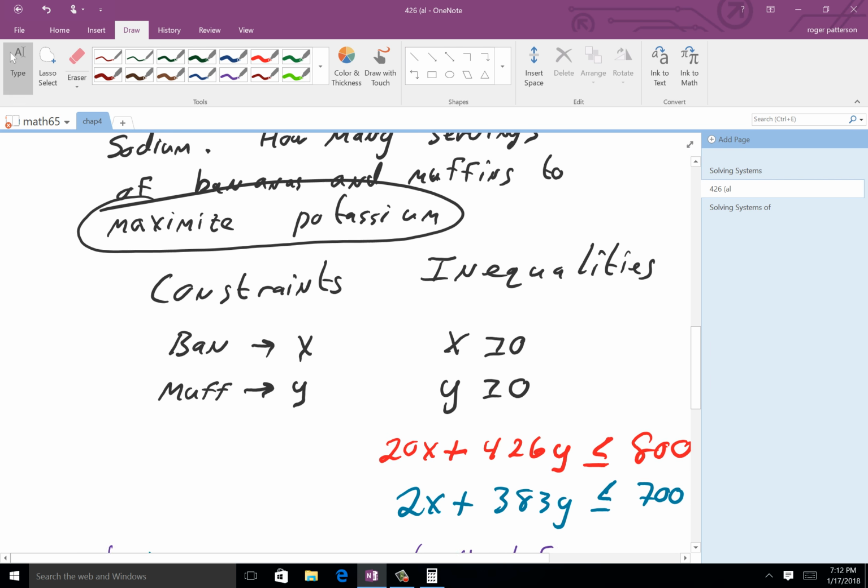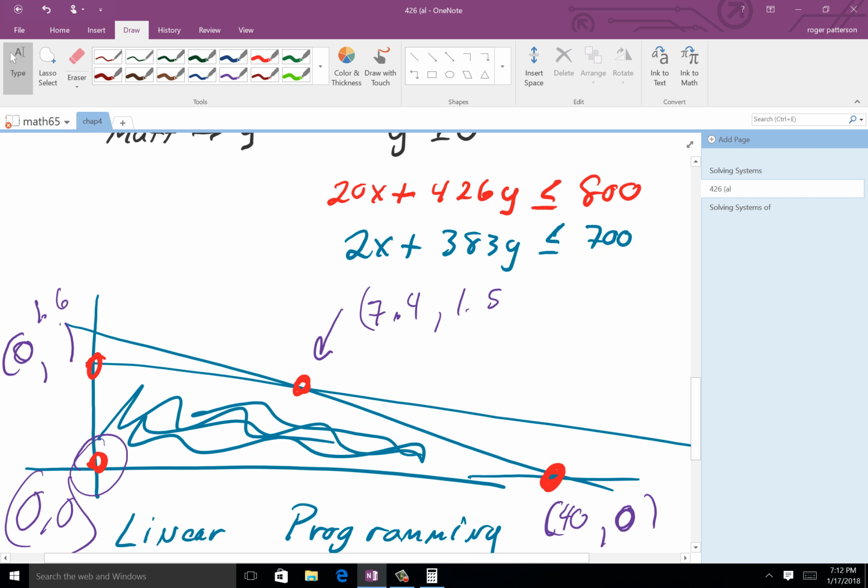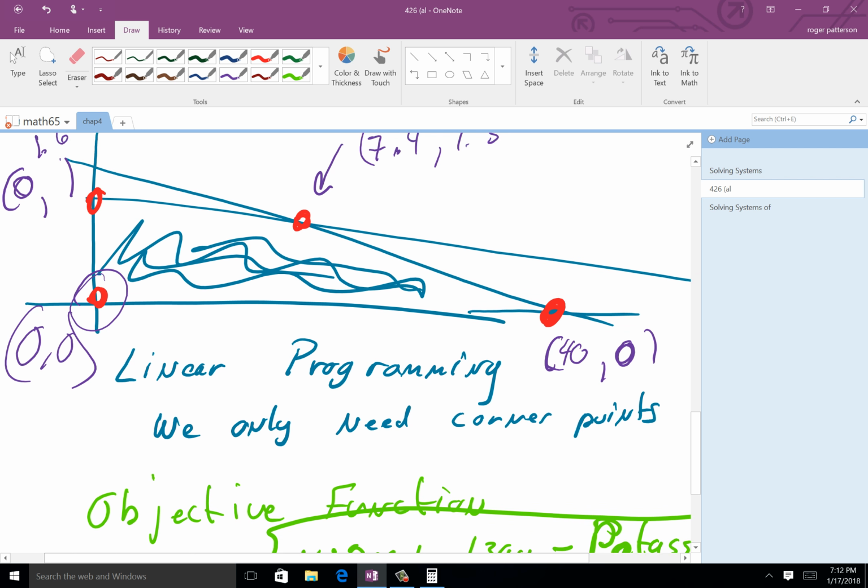Once you write your equations, those constraints, make a graph. I would do it in Desmos. Don't do it by hand because those are going to be messy numbers. Sketch your little region, corner points, click on them to get those, and then put them into your equation, and it's a done thing.